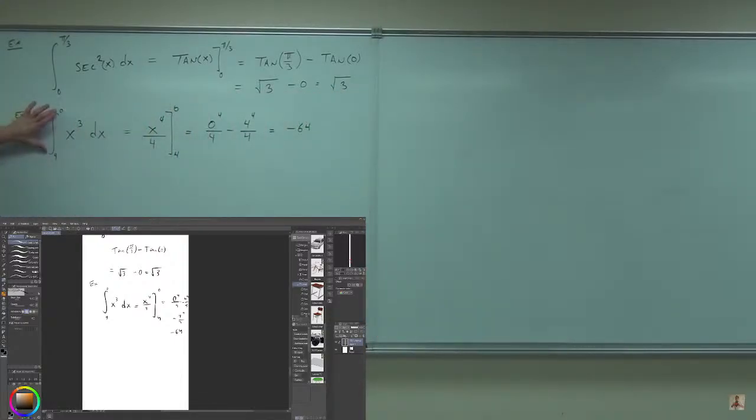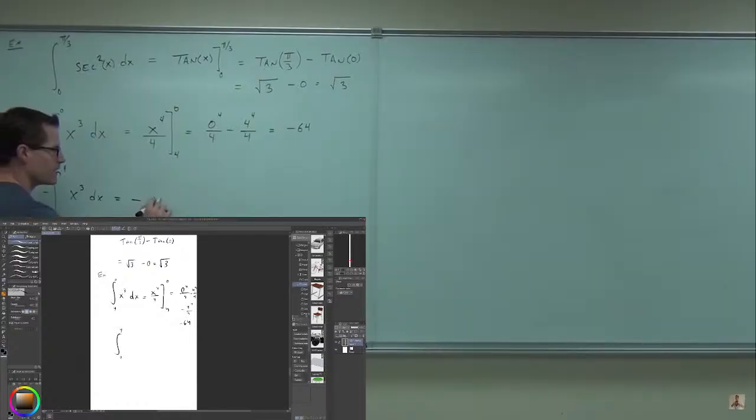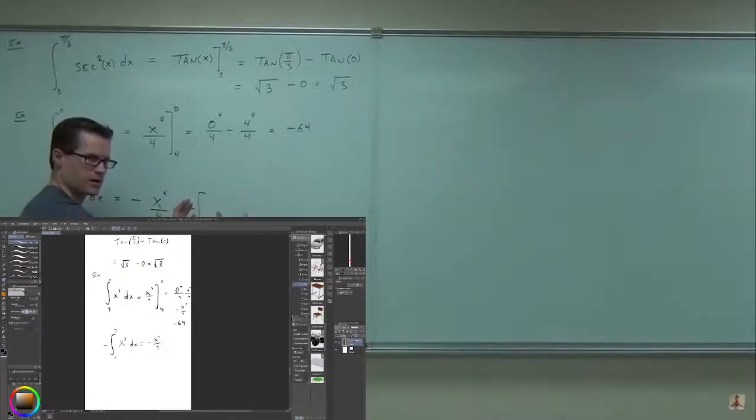We also knew from a property that if I reverse this and go 0 to 4, that becomes a negative. Well, let's see. That would be negative x to the 4th over 4. You need brackets there because you're going to have a sign in the middle of that.